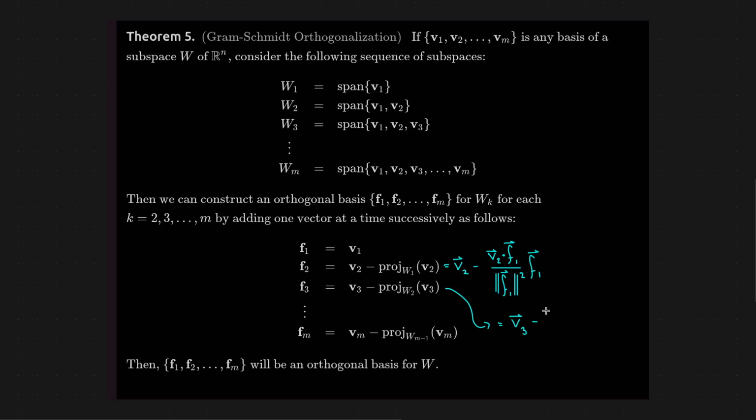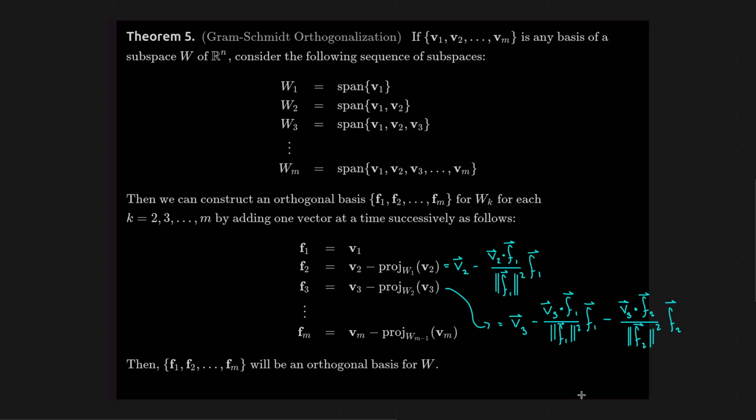So this is going to be V3 minus (V3 dot F1) over the norm of F1 squared, times F1, minus (V3 dot F2) over the norm of F2 squared, times F2. Okay?